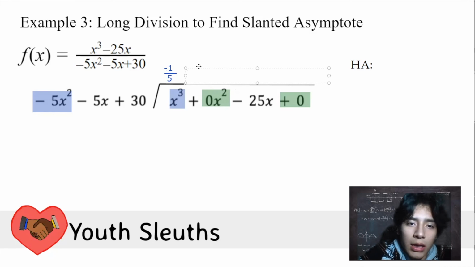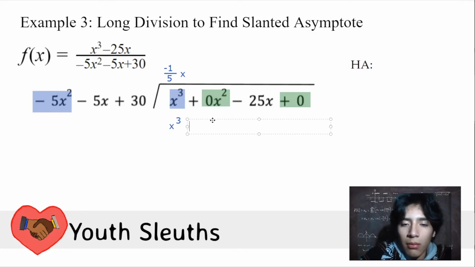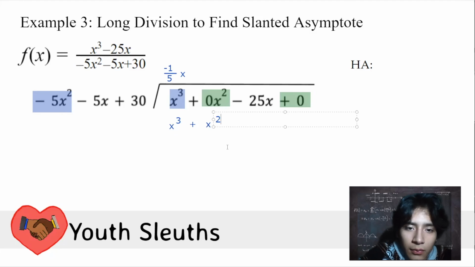We are at x squared and we need to get to x cubed, so we just need 1x. Now we distribute that to our divisor, so it becomes x cubed plus x squared and then minus 6.